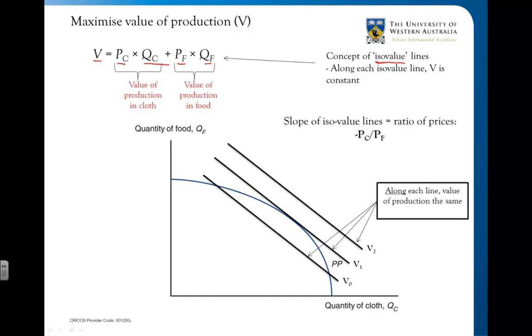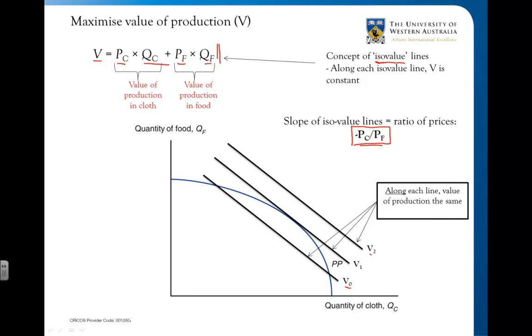The slope, of course, is the ratio of the prices, which you can get from this thing here. So this should be reasonably familiar too. It's a ratio of the prices of cloth relative to food. So each point on, say, this V0 iso-value line gives a certain value of production. V1 gives you a higher value of production.